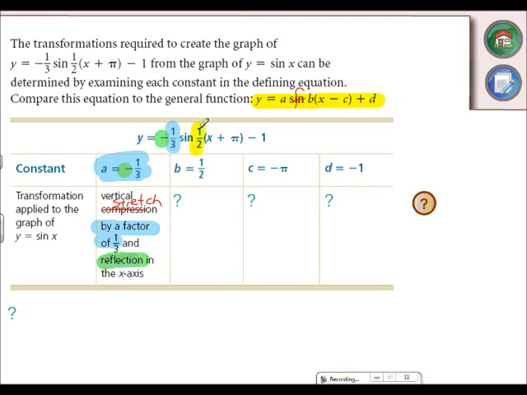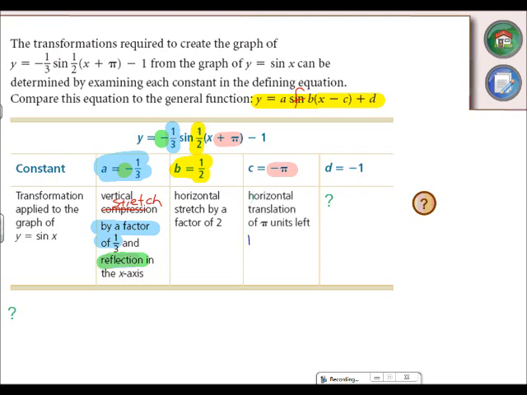Then we move to the 1/2. That's the b value. And that's meaning we've got a horizontal stretch by a factor of 2. Then we've got a c value. The c value is negative pi, because there was a negative in the equation to begin with. And that's meaning we're translating pi units left.